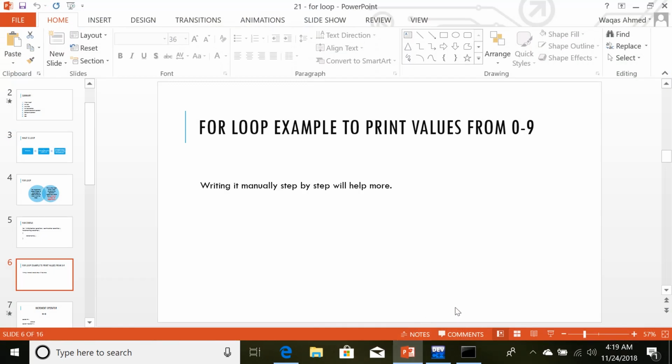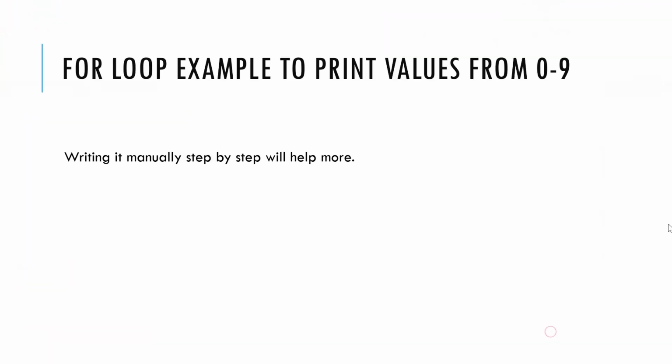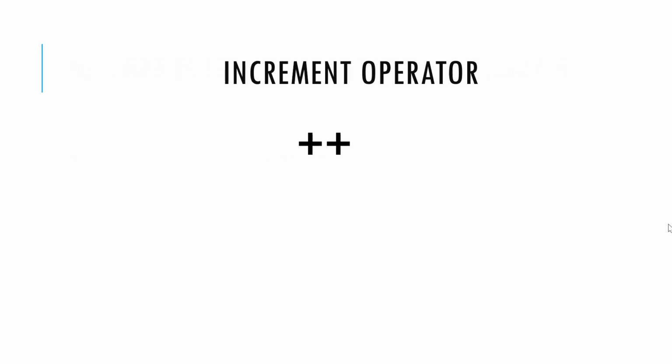Now coming back to the presentation, we want to talk about the increment operators. The plus plus increment operator is the same as counter is equal to counter plus 1.